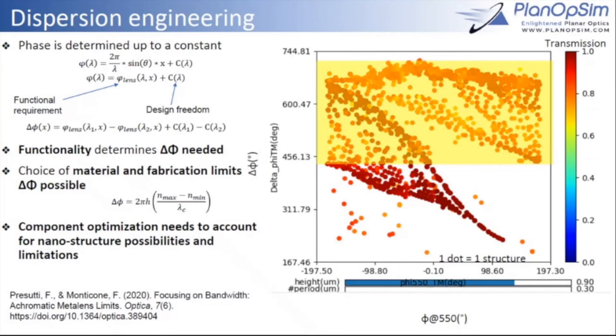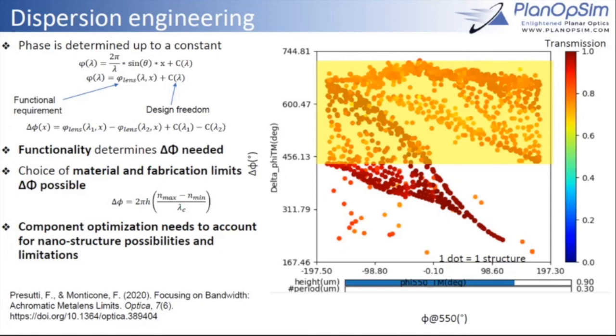That gives us design freedom to have these different phase curves which depend on the wavelength and shift them with respect to each other, so that for every position in the lens, the phase dispersion that we need still fits within the range of our structure. So functionality determines change in difference in phase that we need. By this design freedom, we can map that onto a phase change that we have available for structures.